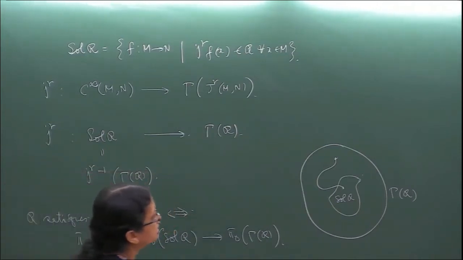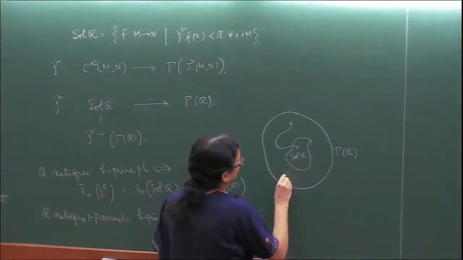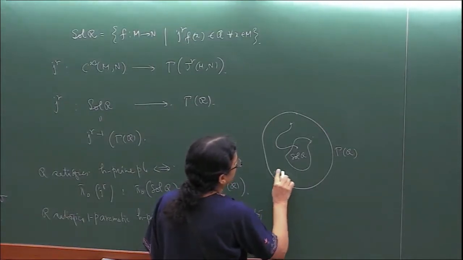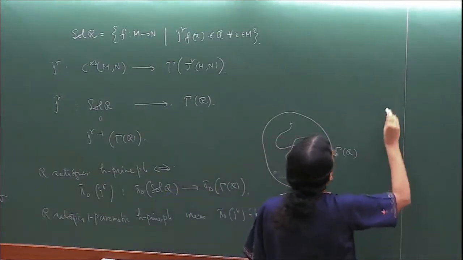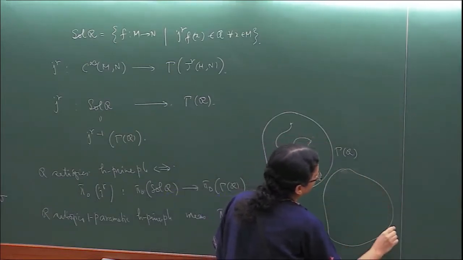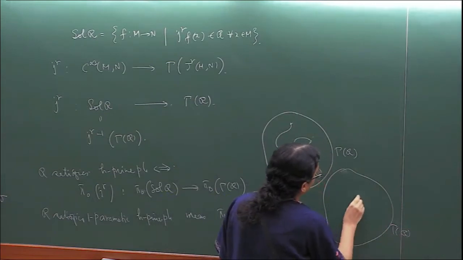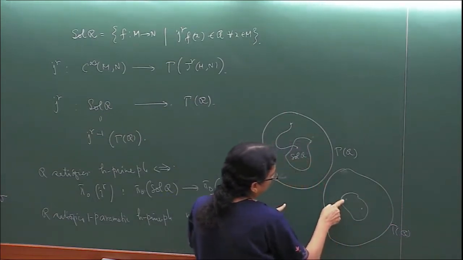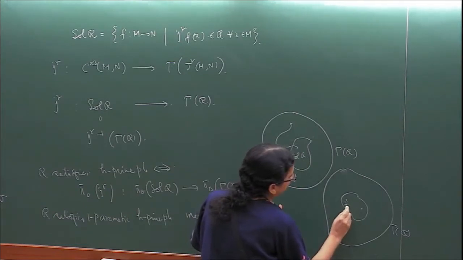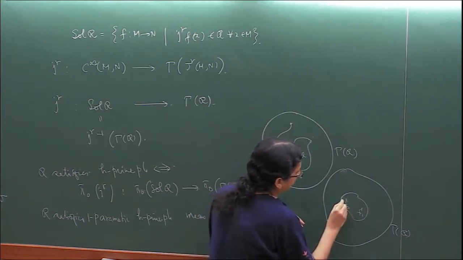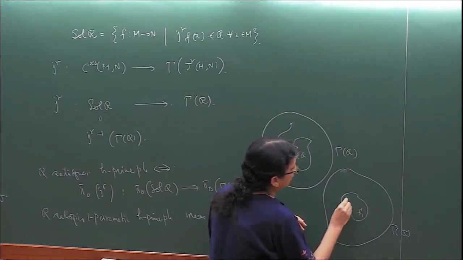So what it means is that if you have, say, two things, let's draw another picture. This is your gamma R, and this is your solution space of R. You take two solutions F0 and F1. So they are jets, I mean this is JRF0 and JRF1.